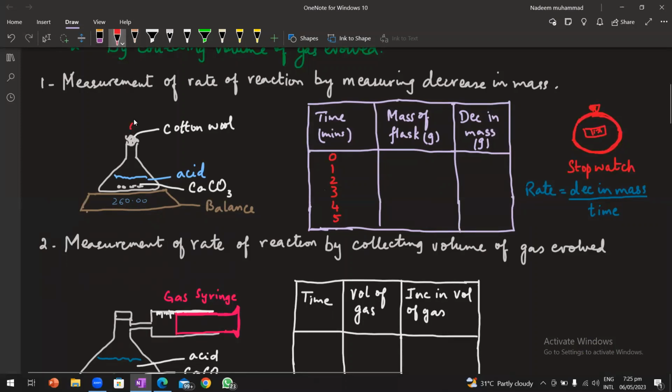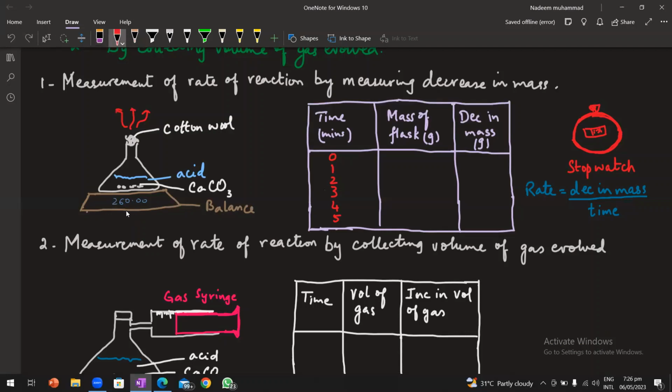Carbon dioxide gas can easily move out through the cotton wool, but we have to keep the cotton wool at the neck of the conical flask to prevent the acid spray. This conical flask is kept on the balance to check whether the mass increases or decreases as the reaction proceeds.